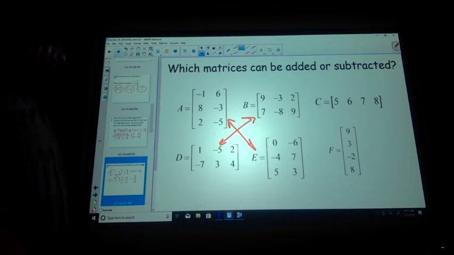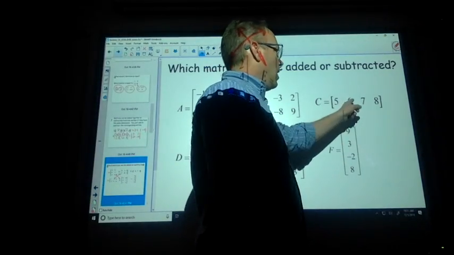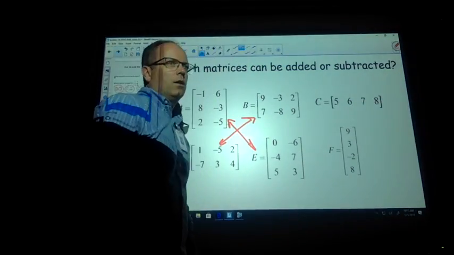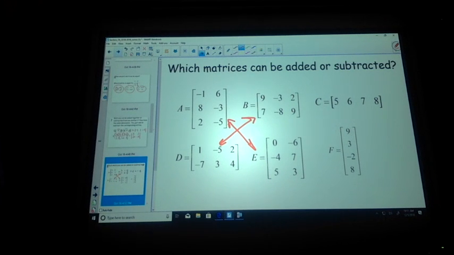Because these are all X values, and this is W, X, Y, Z. So A and E can be added together, and B and D can be added together or subtracted because they're the same dimension matrices. Can I move on?